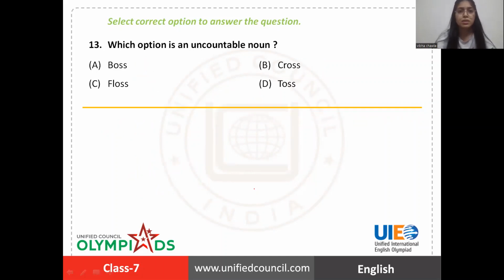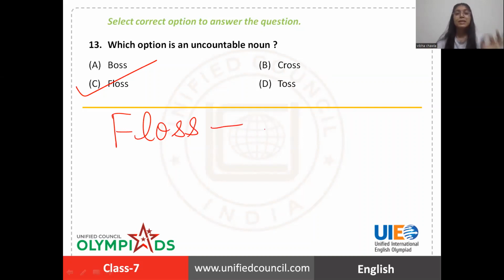Okay, next, very interesting. Which option is an uncountable noun? So, uncountable nouns are those nouns which you cannot count. And secondly, you can't form the plural of uncountable nouns. And the word which is uncountable among these is floss, or sometimes it is also called dental floss. And I think you all are aware of dental floss. You can call it floss also.